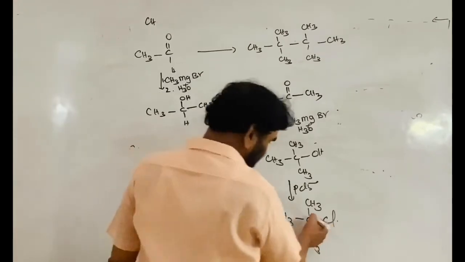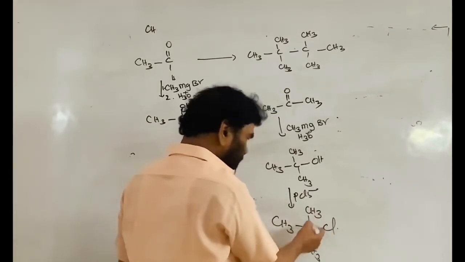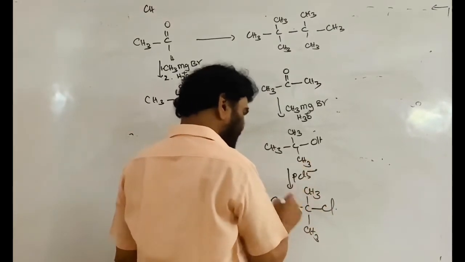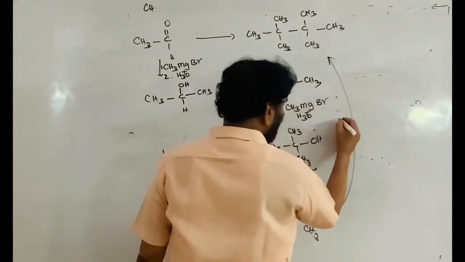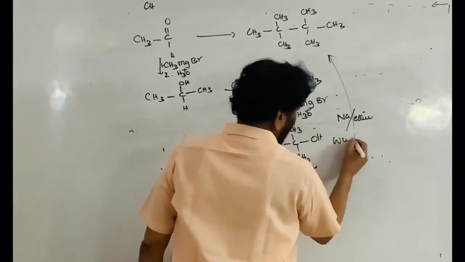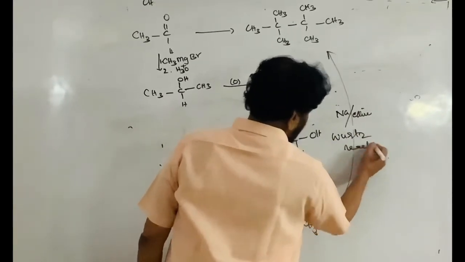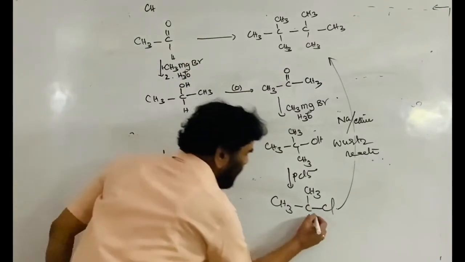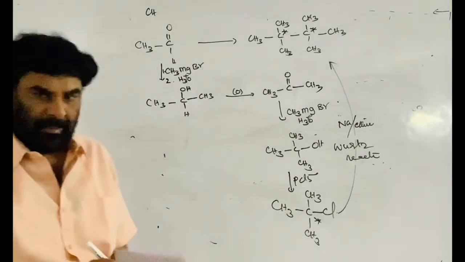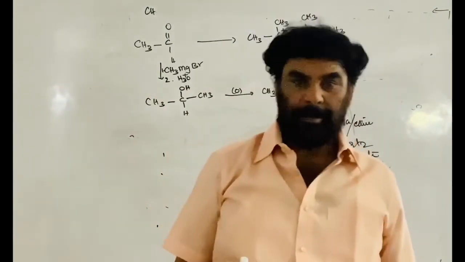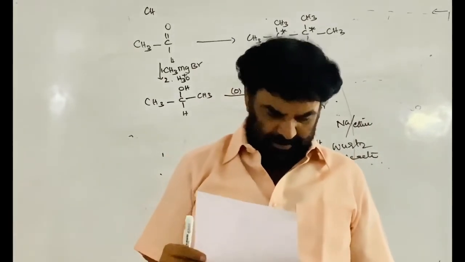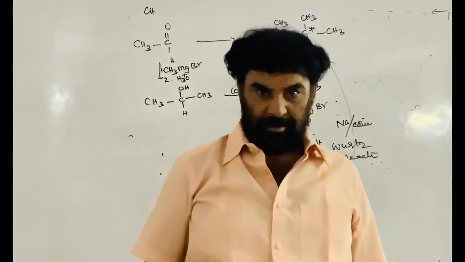Now, this is tertiary butyl chloride, 2-chloro-2-methylpropane. This is subjected to the Wurtz reaction in ether. Wurtz reaction, dimerization is taking place. You see. This is the chemistry involved in these 10 conversions. Thank you guys.